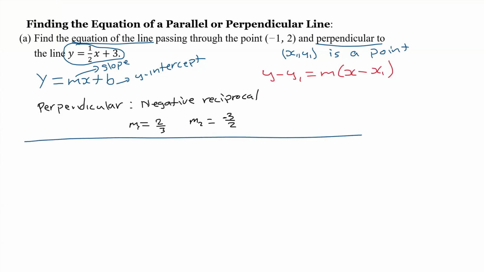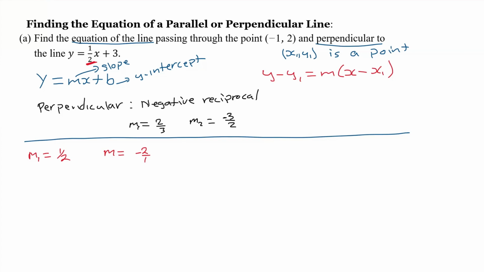So now we're going to solve the problem. We're going to take the slope from here, which is 1/2, right? So let's say m1 equals 1/2. The m that we need is the negative reciprocal of that. The negative reciprocal of 1/2 would be, you reciprocate it, so 2/1, and then make it negative.